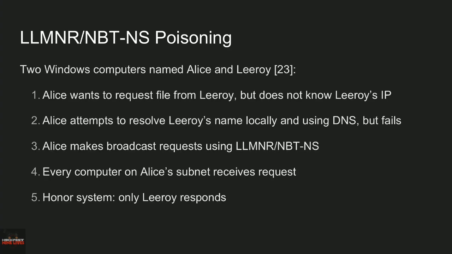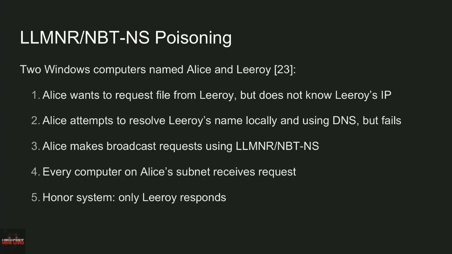The best way to understand how LLMNR and NBT-NS work is through example. We have two Windows computers named Alice and Leroy, and Alice wants to request a file from Leroy because Leroy is a file server. Alice does not know Leroy's IP. So Alice is going to attempt to resolve Leroy's host name both locally and using DNS, but say this fails. At this point, Alice will fall back to LLMNR and NBT-NS, and will send a broadcast request to every single host on Alice's subnet.